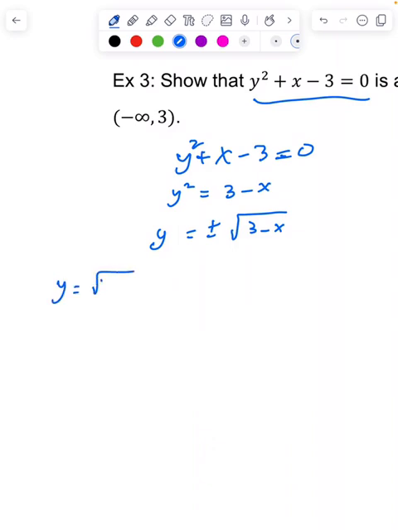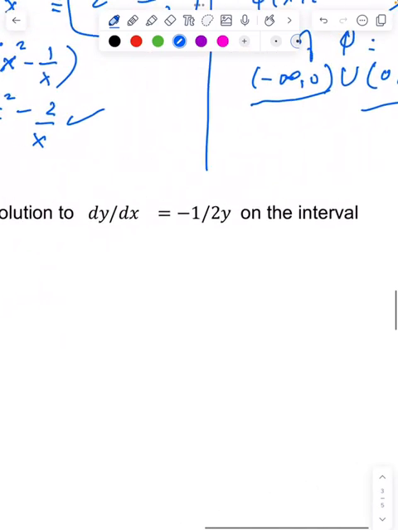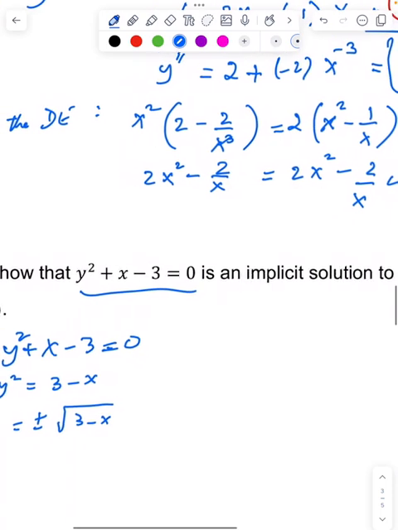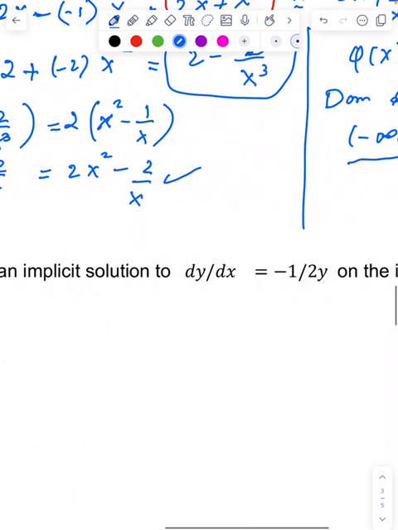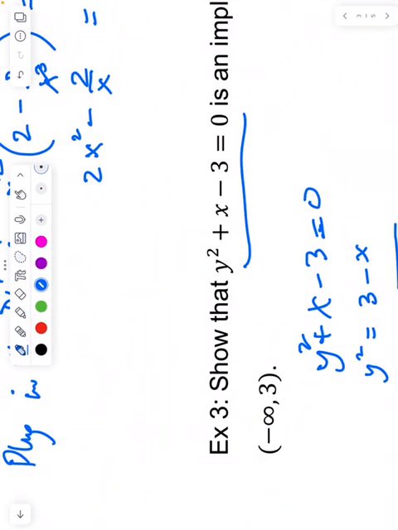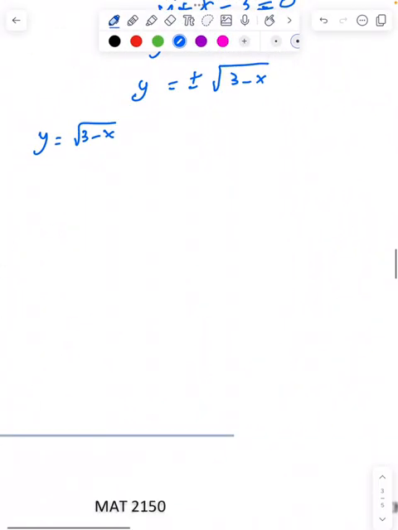So let's first check this one. The equation, okay, it says first order, so not too bad. The equation is dy by dx equals negative 1 over 2y. I have this y is equal to this. So what will be dy by dx?